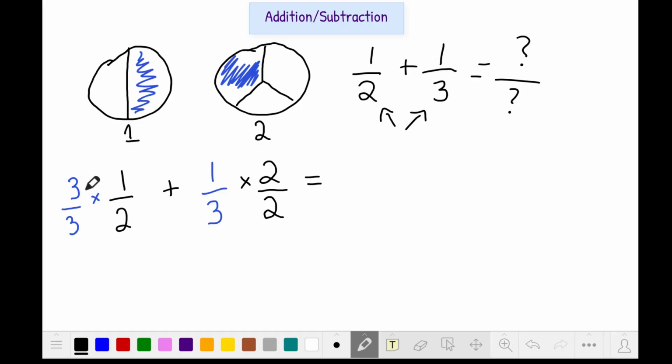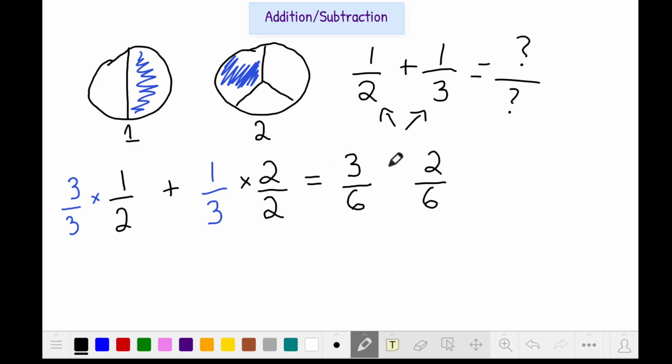Well, remember the fractions from before, where we have multiplication. We're going to have a 3 times 1, which is 3. We're going to have a 3 times 2, which is 6. And then finally, we're going to have a 1 times 2, which is 2, and a 3 times 2, which is 6.